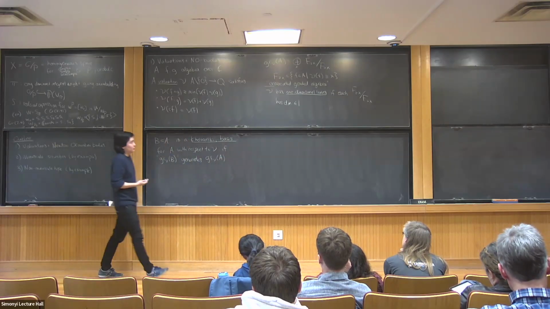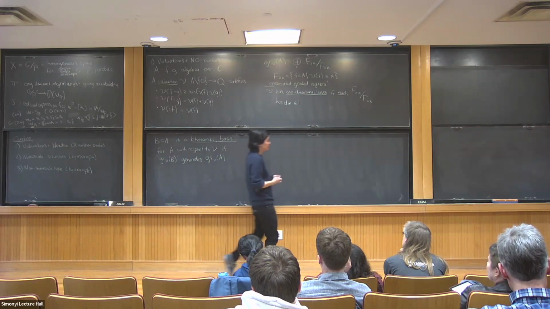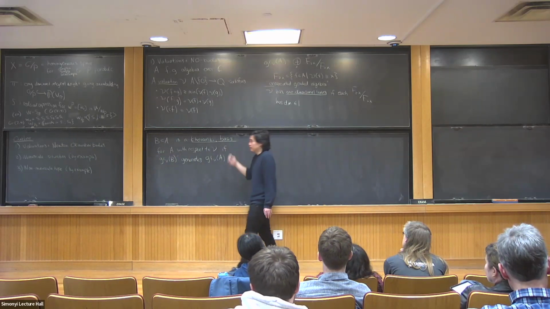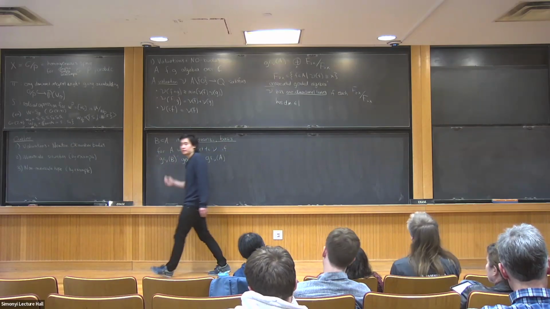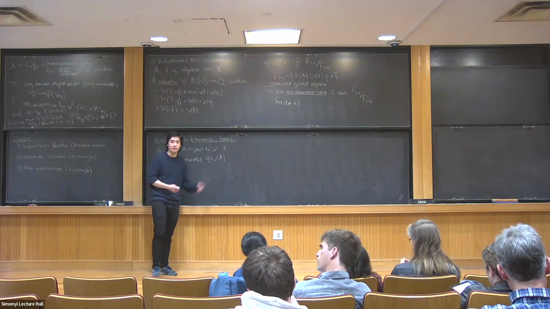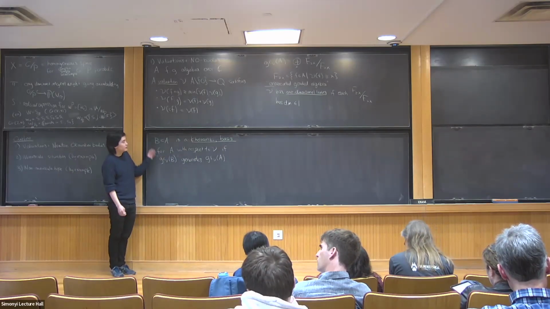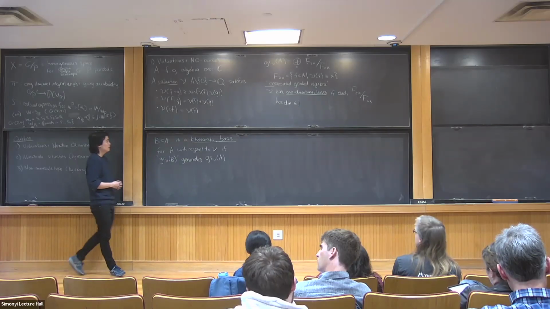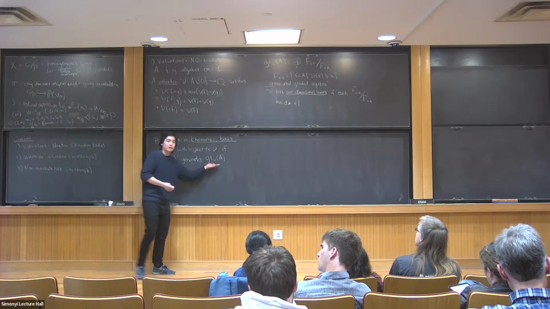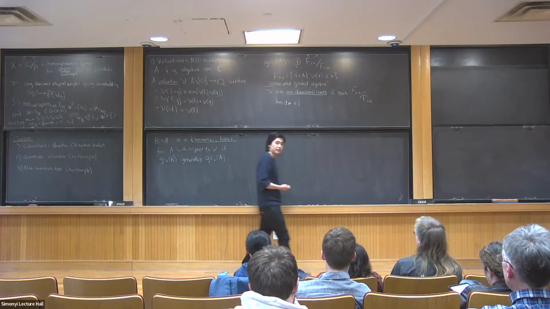If you haven't seen this before, hopefully you have seen something called Gröbner bases before. These things are generalizations of Gröbner bases, and you can think of this condition as generalizing the condition that the initial elements have to generate the initial ideal. So this is exactly the analogous statement for these valuations, and we call it a Khovanskii basis if the images of the generators generate the image of the ring in the associated graded.